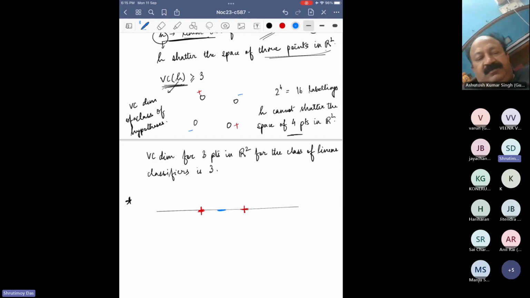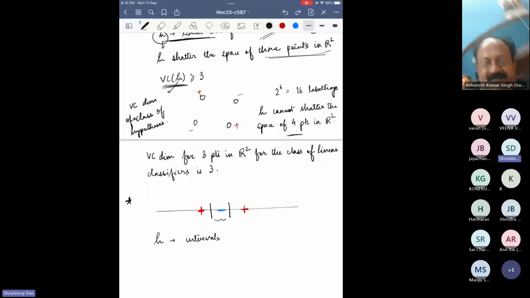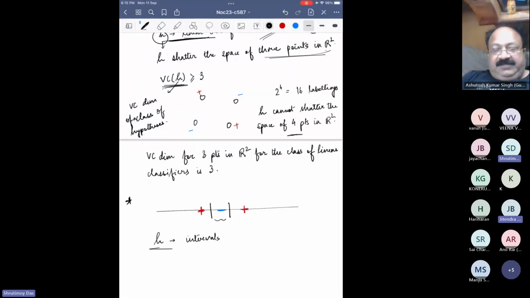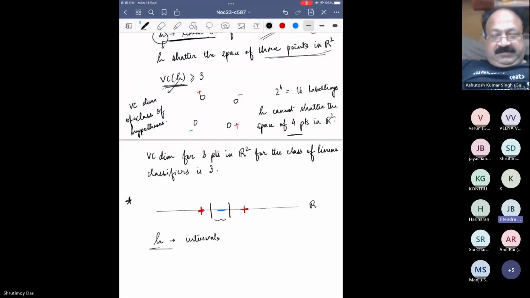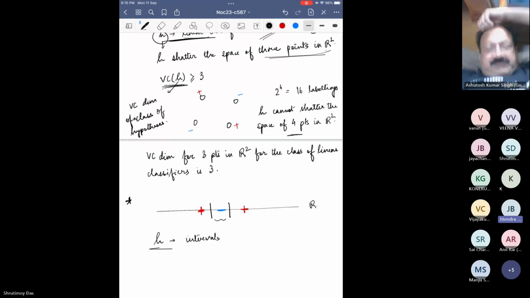If our class of functions is intervals, such as this interval or this interval, then this type of classifier cannot shatter this space of 3 points in R. There are 2 possibilities, like minus plus minus or plus minus plus.